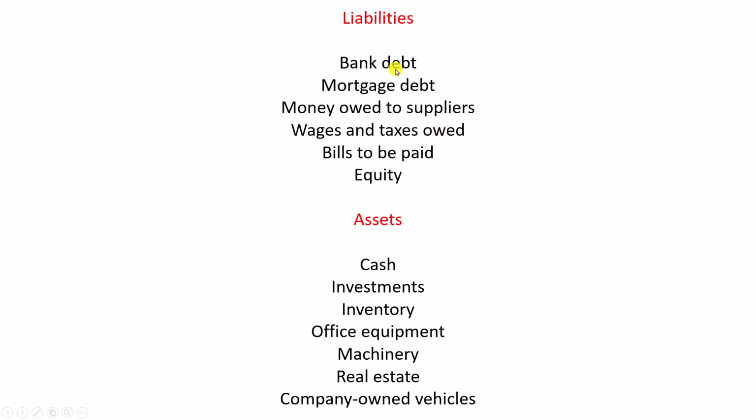So, this and this would be balanced. Okay, that is why it is called a balance sheet. The liabilities and assets would be balanced in a balance sheet, meaning if the liabilities add up to a total of 500 crore rupees, then the assets would also add up to a sum of 500 crore rupees.